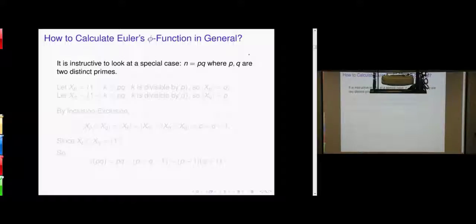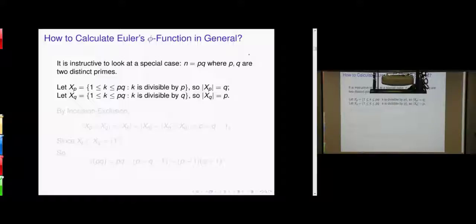Let's look at a special case where n is a product of 2 distinct primes, like 2 times 7 or 7 times 11. So n is a product of two distinct primes. Let's calculate what is phi of n. We use the inclusion-exclusion principle.